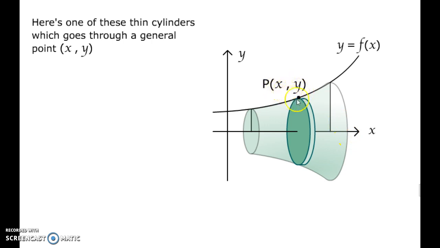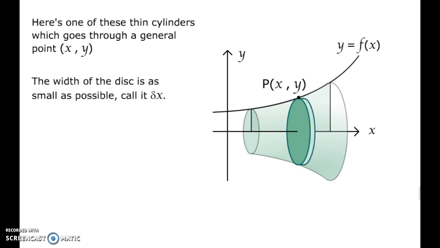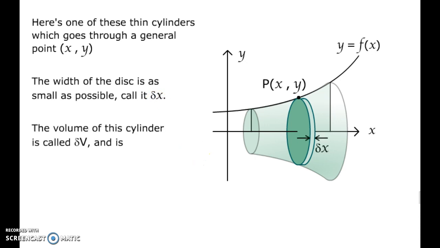If you generalize by taking x and y as a point on the curve, you will see the area of the circle, and the height of this cylinder is delta x.